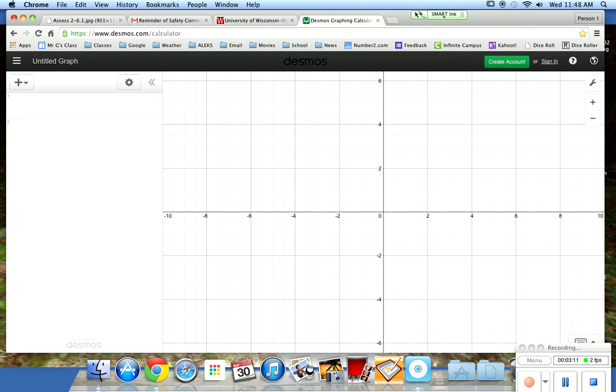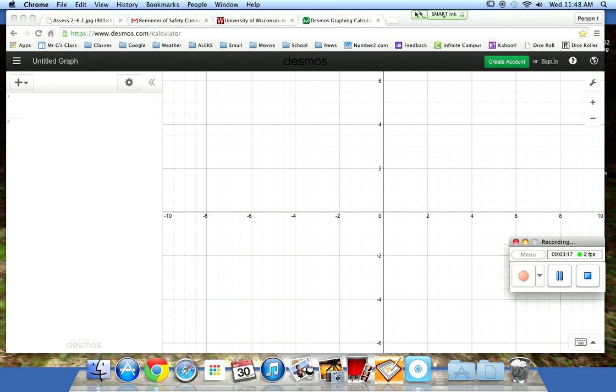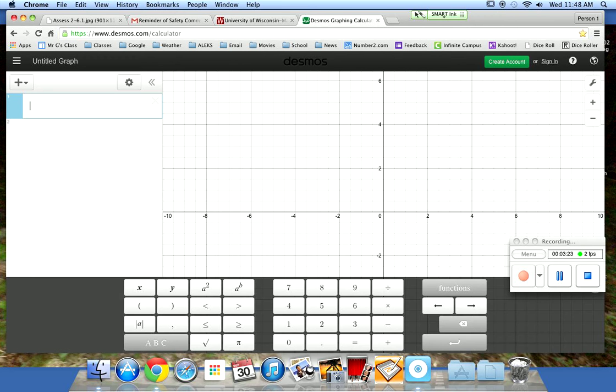That's the way teachers should grade. We still learn stuff. All right. Yep. Well, come on. There we go. If I do X squared, if I use a square value in there, it makes a parabola.